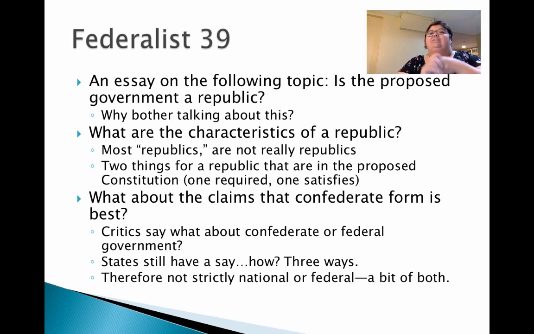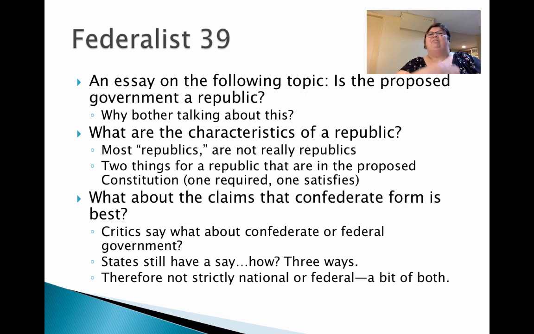Well, at this time, senators were elected not by the people, but by state legislatures. That happened until about the turn of the 20th century when we had direct election of senators. So these people are really the representatives of the state in the federal government itself. So that's one. The other is that the presidency is elected by state through the Electoral College. So the states really do matter here.